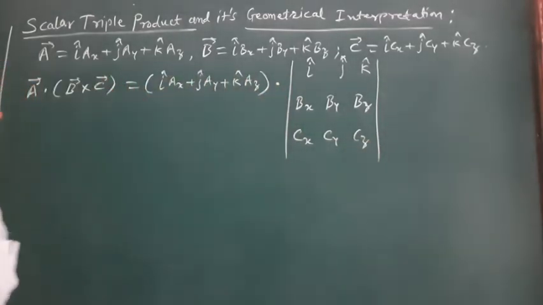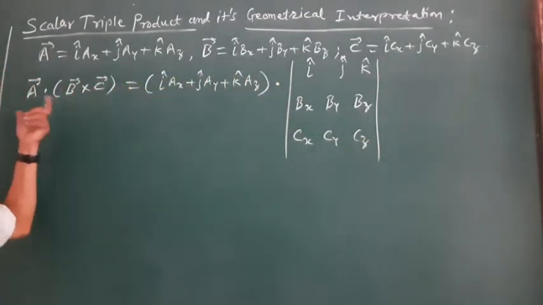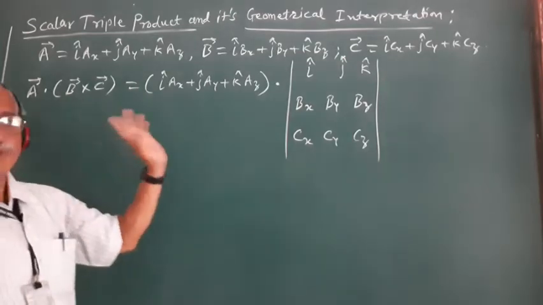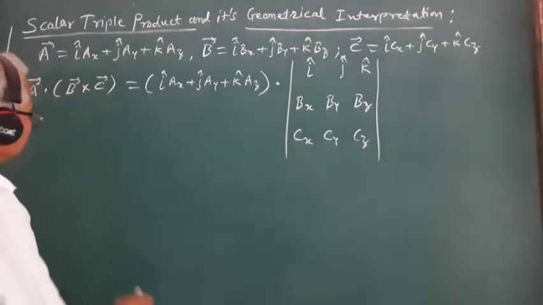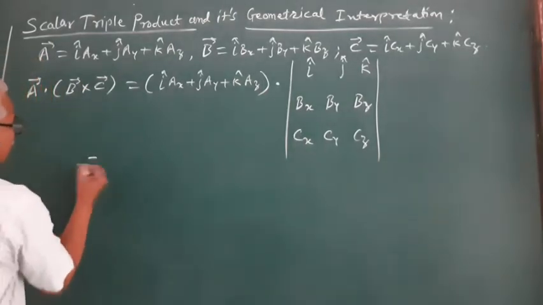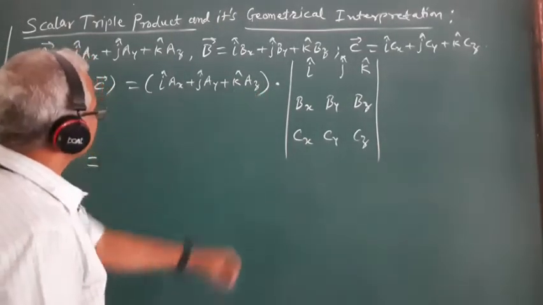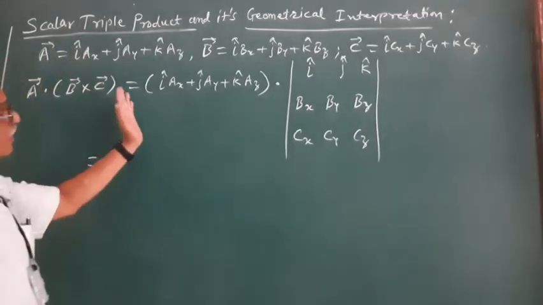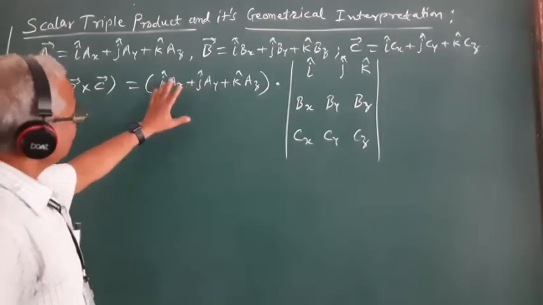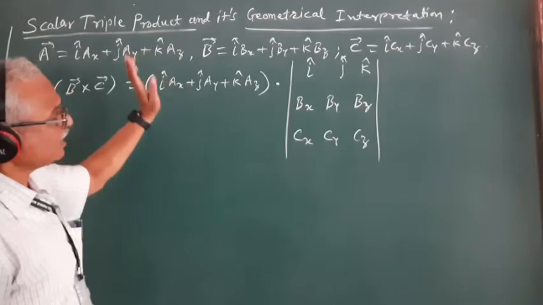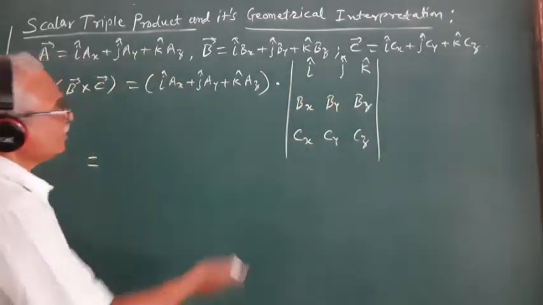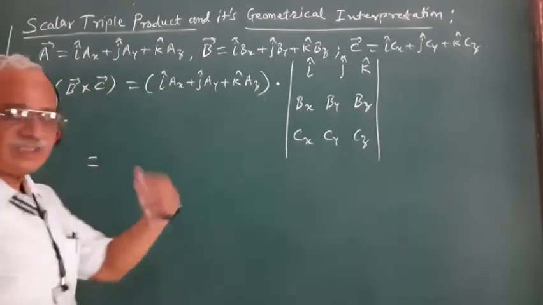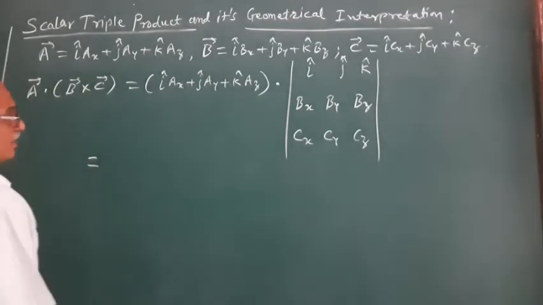So we can express this scalar product in terms of the components of the three vectors like this. And now, if we evaluate this product, here we have to take the dot product of each term in the first bracket with each term in the second bracket, or if we solve this determinant, it will give three terms.